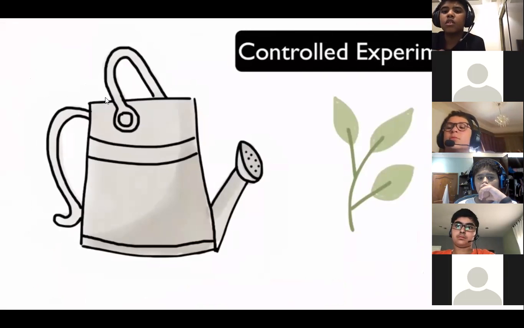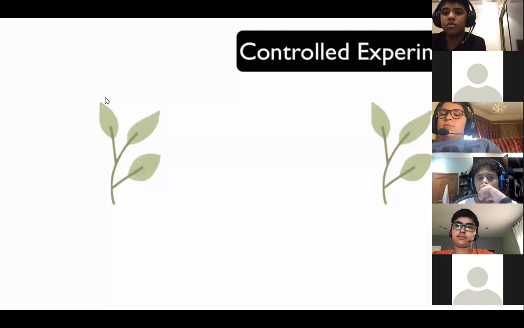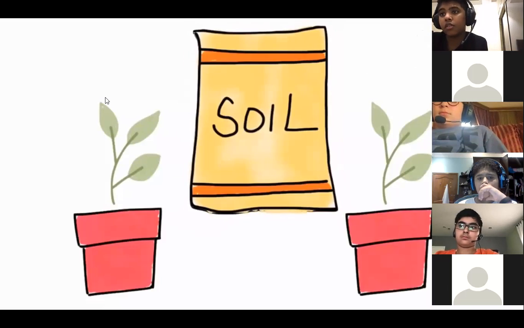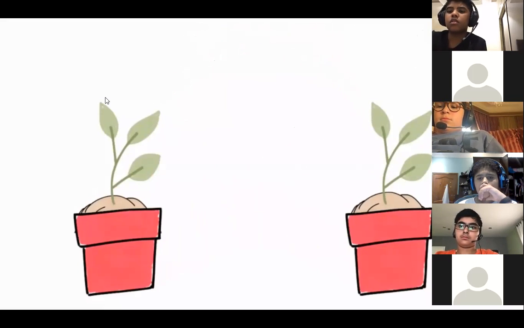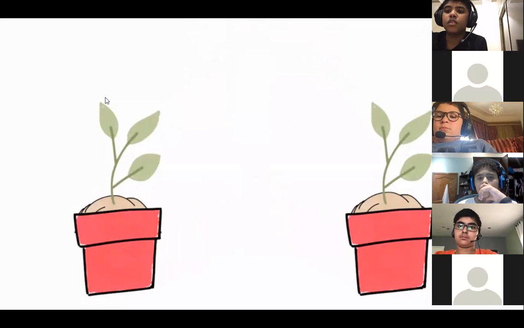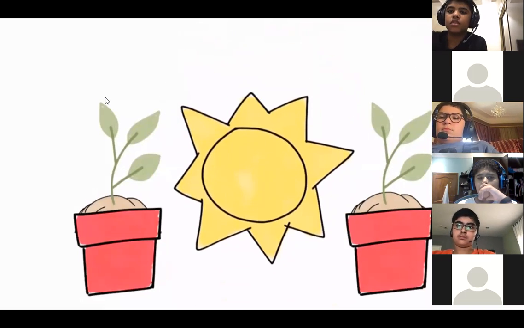In this type of experiment, everything stays the same, except one variable. Both plants need to be planted in the same size pot, using the same type of soil and the same amount of soil. Each plant needs to be in the same temperature, and what Mark and Molly did not do was give each plant the same amount of sunlight.